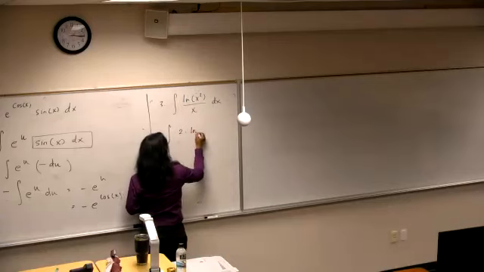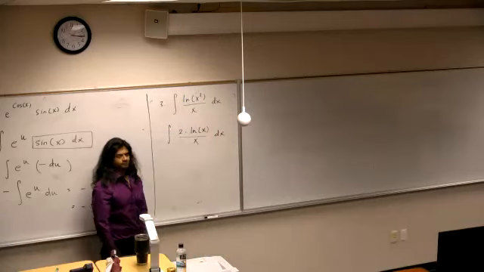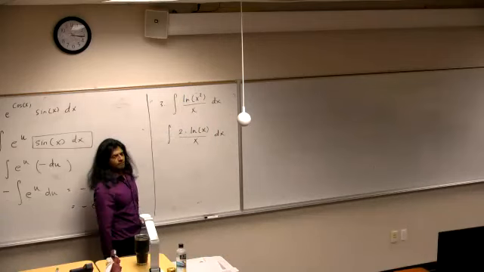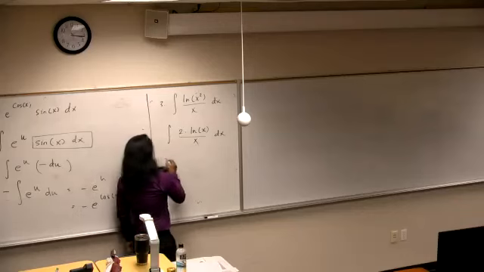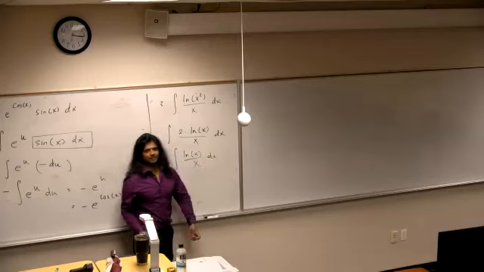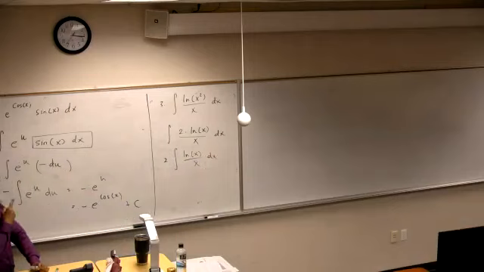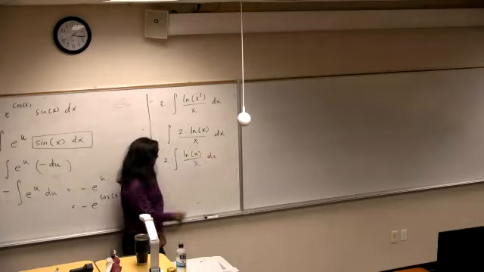So 2 ln of x divided by x dx. Pull the 2 out. This is what he was referring to.